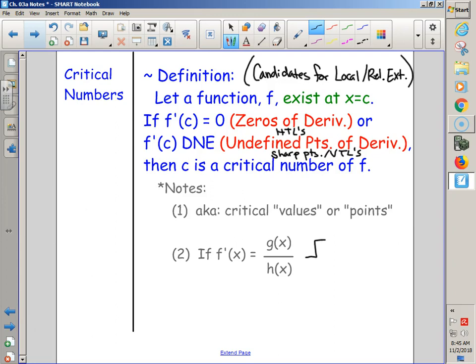Those key numbers were the ones where we tested the intervals and sign charts to see true or false. Ooh, this is all going to come back together. If you can make the derivative a fraction, the 0s will come from the top, and the DNEs will come from the bottom. It just saves a little bit of work, a little bit of mental gymnastics.